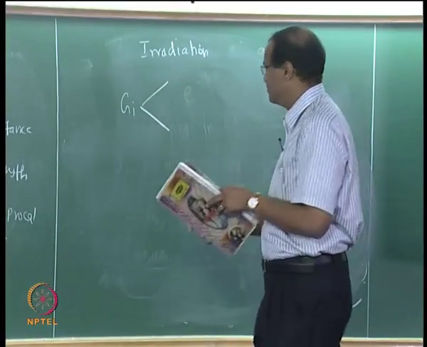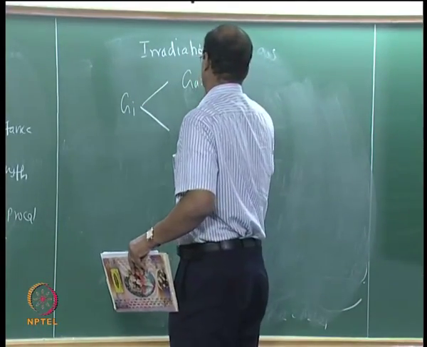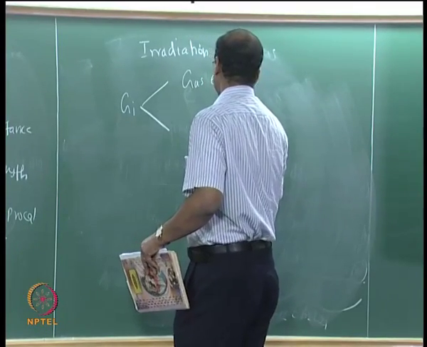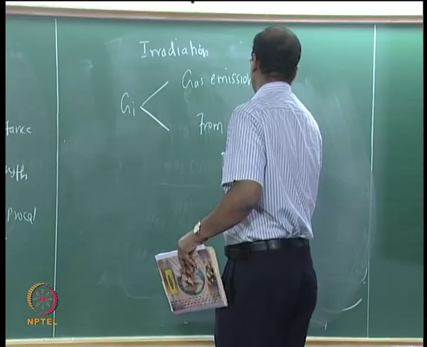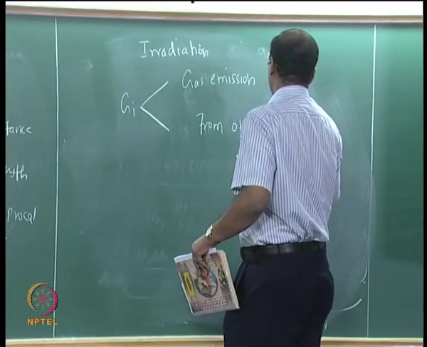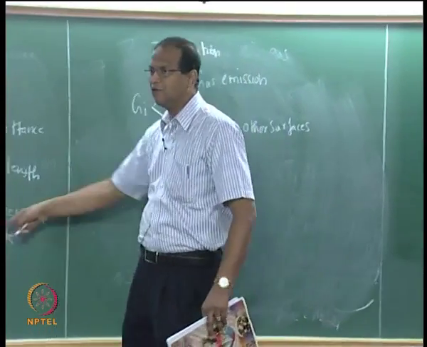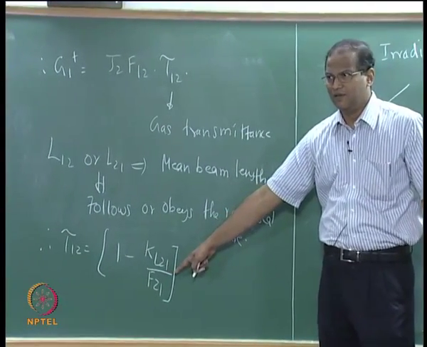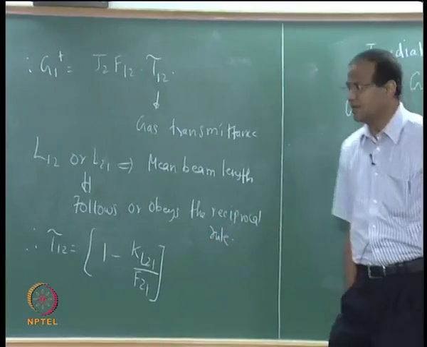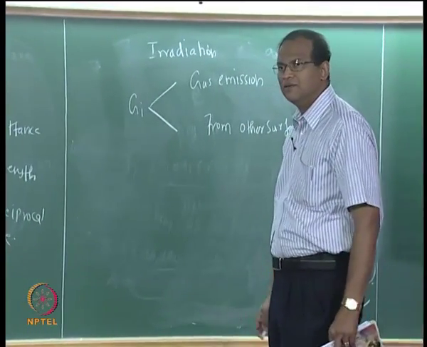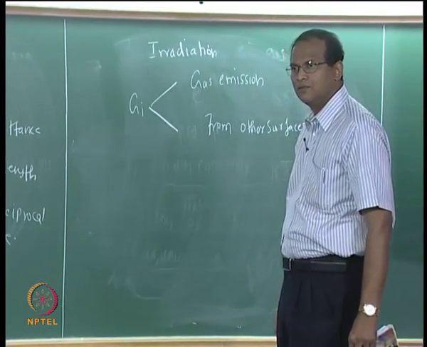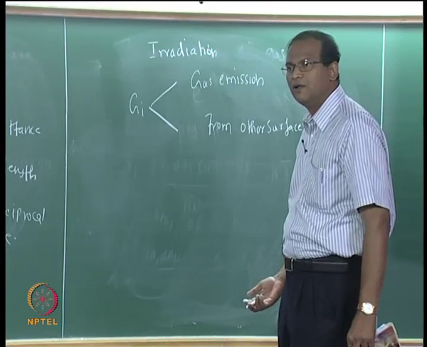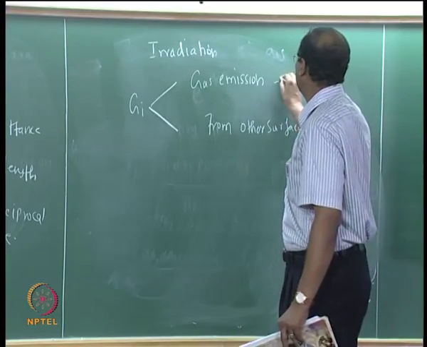This is irradiation from other surfaces. We have a way of handling this, okay. You can do it for every tau ij depending on how many surfaces are there in the enclosure. What about gas emission? Yeah, what is a gas emission? Sigma Tg to the power of 4 into epsilon g, right.